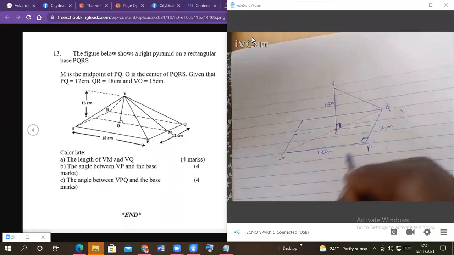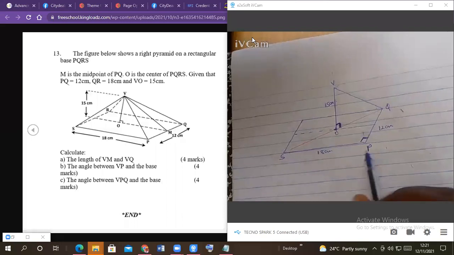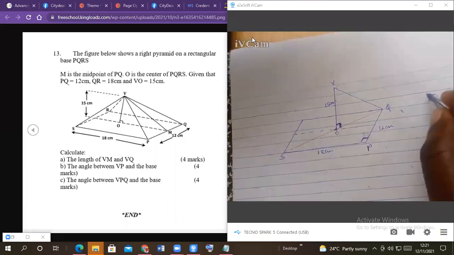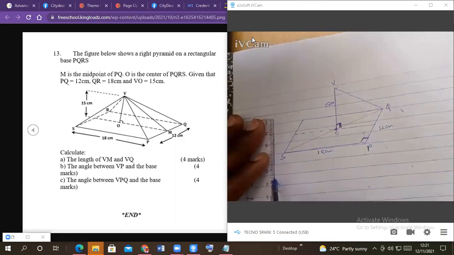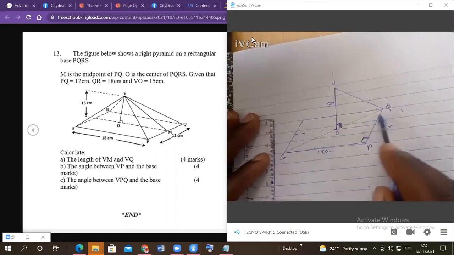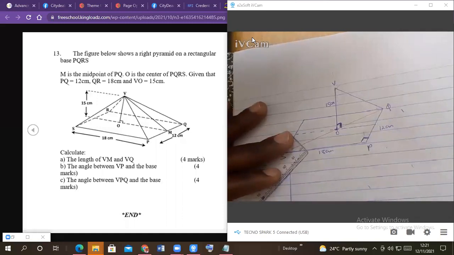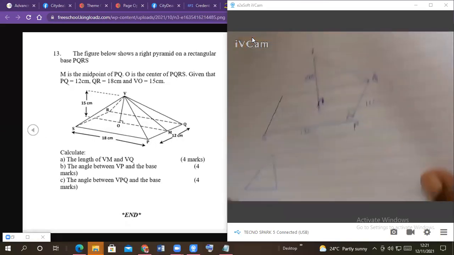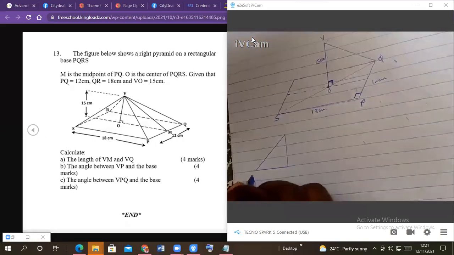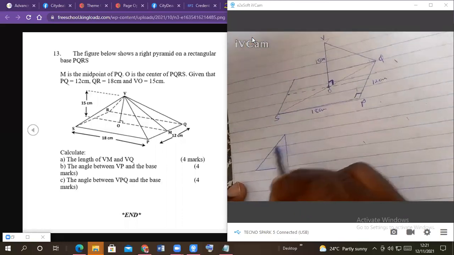And you know that all these are 90 degrees. So you can look at SP like that. So we can first find the diagonal SQ by drawing this triangle here. You see the slanting, the diagonal part is SQ.